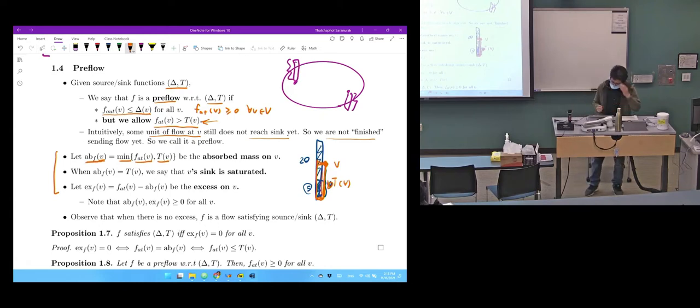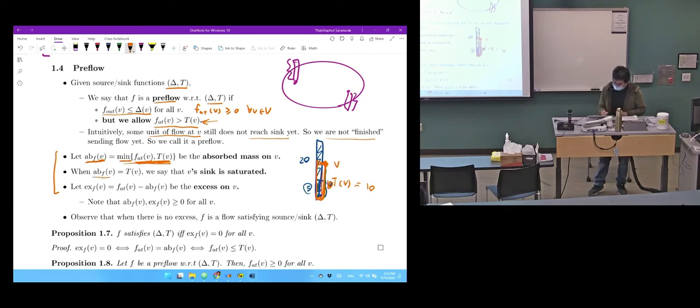T of v is 10 here. Yeah. Okay. So you keep absorbing the mass until it reaches the capacity. So absorb at v is the minimum of this.